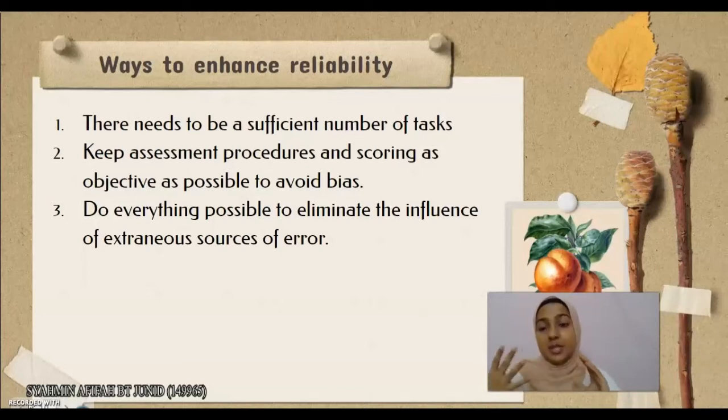Second, keep assessment procedures and scoring as objective as possible to avoid bias. So this means having a clear rubric for performance-based assessments. Third, do everything possible to eliminate the influence of extraneous sources of error. So this means interruption should be avoided, temperature and lighting should be appropriate, direction should be clear, and so forth.